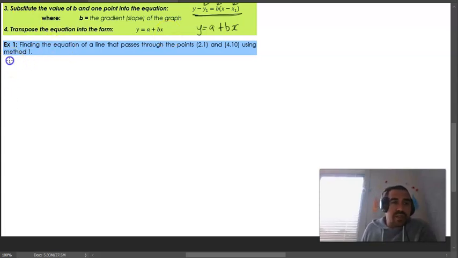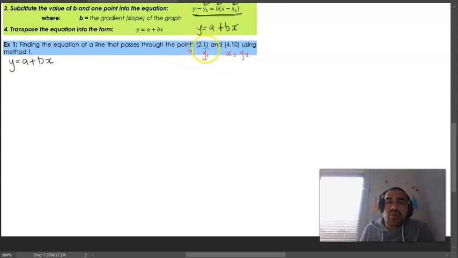So our first step is to write y equals a plus bx. Another thing I should do as my first step is get into the habit of labelling these points. This is x1 and this is y1. This is x2 and this is y2.